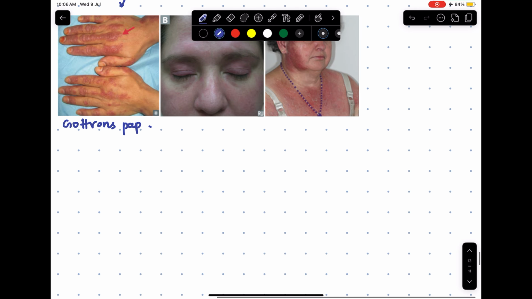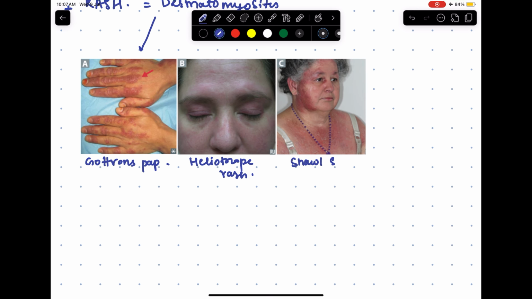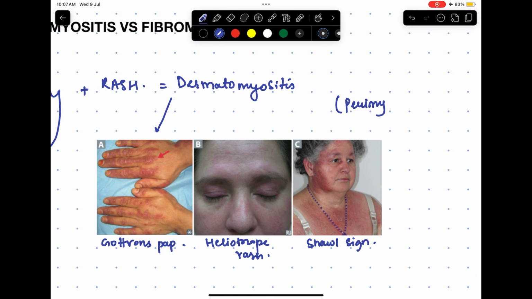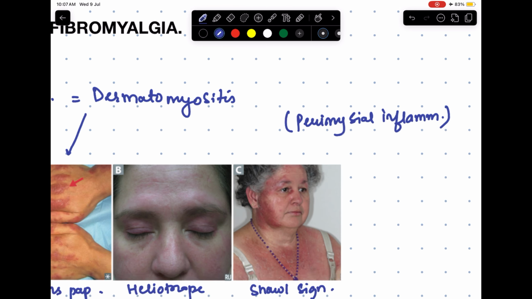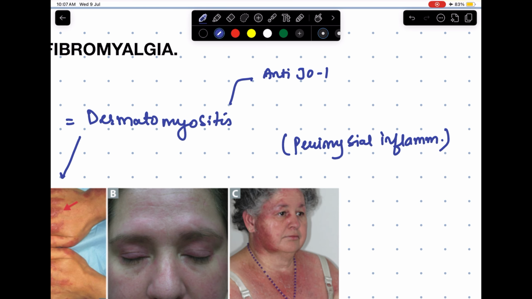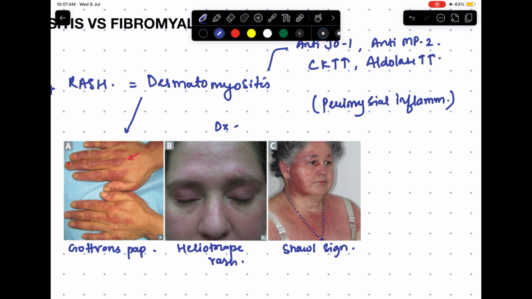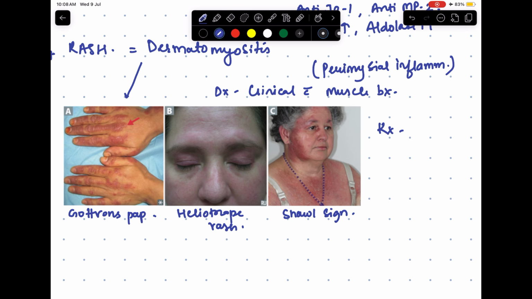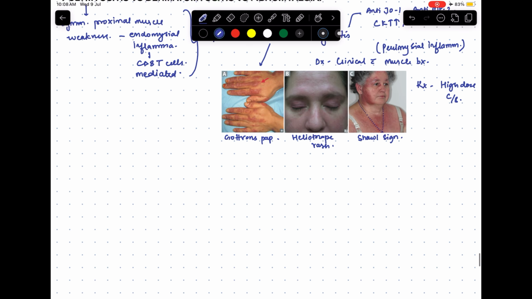Then it is known as dermatomyositis. So there would be 3 important findings. One is Gottron's papule, the other one is heliotrope rash, and the third one is shawl rash. If these 3 things are present, then it is diagnostic for dermatomyositis rather than polymyositis. And then the inflammatory markers would be elevated, the aldolase would be elevated, CK would be elevated, and for the treatment, we are giving high dose corticosteroids. That's it for the treatment.